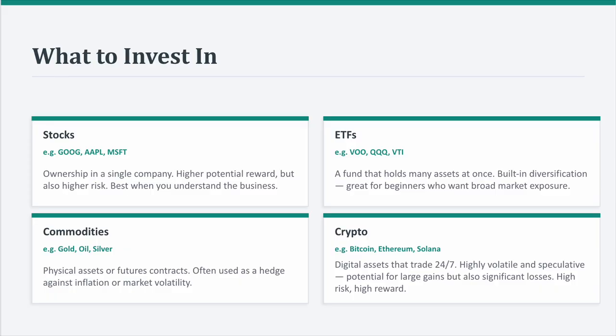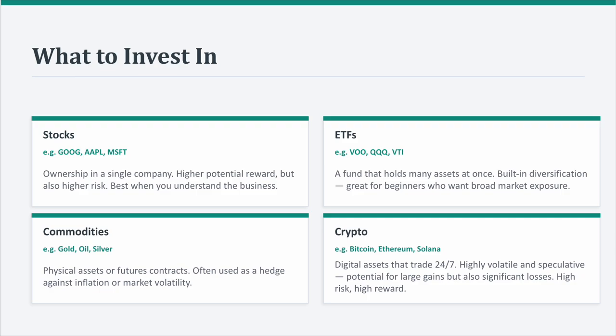Now, commodities are more tangible objects such as gold, oil, and silver. However, you can invest in these things through ETFs within the market. And then crypto, which is things like Bitcoin, Ethereum, and Solana. These are digital assets that, unlike the other ones, trade 24/7.